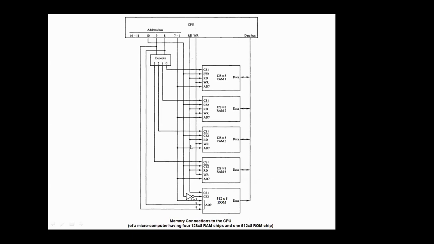So whenever read is on and the ROM is selected, reading will happen, and it will be a unidirectional data bus. This ROM will have a unidirectional data bus because this is read only memory. So this is the whole organization of this main memory with respect to CPU.